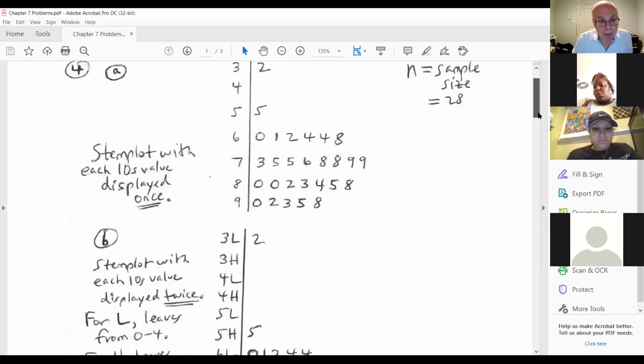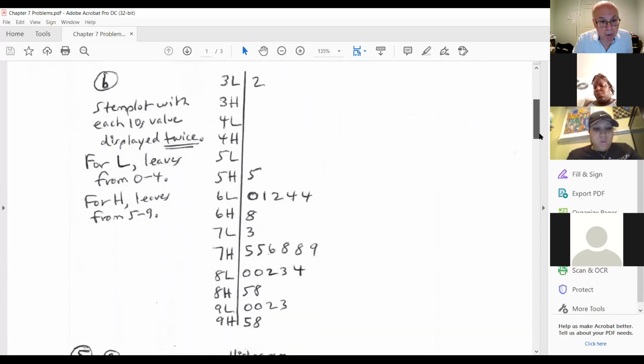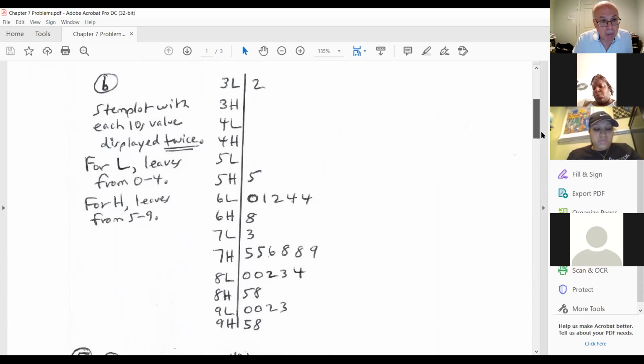That was part A, and for part B, they said to create a stem plot that had lower and upper for each of the tens digits, where the lower, like 3L here, would go from 30 up to 34, and 3H would go from 35 up to 39.